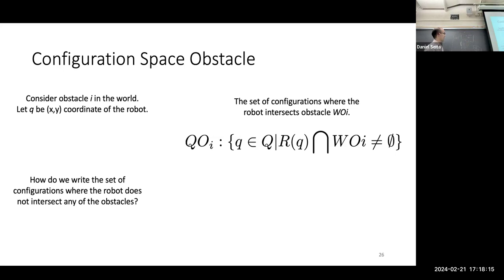This one is also intersecting here, so in this case, it intersects with two obstacles. But in practice, if it intersects with just any obstacle, we call that as not being in this space. The reason is, in practice, we usually want robots that don't collide with things.